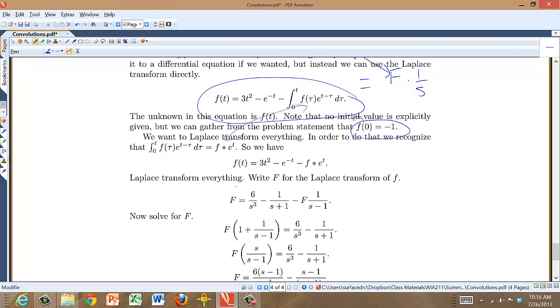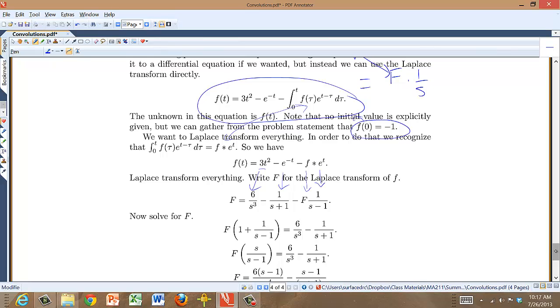Like always, I'll write a capital F for the Laplace transform of little f, right? And I'll get capital F here, and I get here 3 times 2 over s squared from this term, right? And here I get minus 1 over s plus 1 right there, and minus, and here I'd have the Laplace transform of little f convolved with e to the t is going to be the Laplace transform of little f, which is big F, times the Laplace transform of e to the t, which is sitting there.